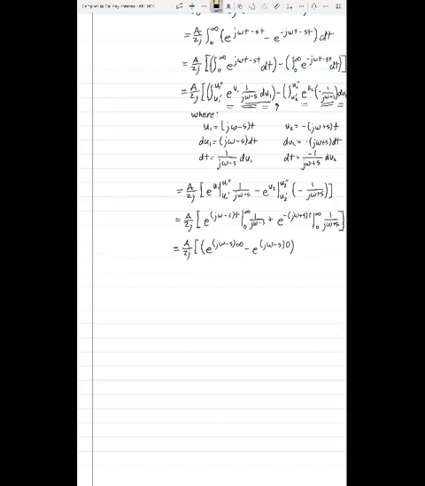I apologize. Let's clean that up. And then all of that, of course, multiplied by our constant 1 over j omega minus s. And then all of that added on to e to the negative j omega plus s times infinity minus e to the negative j omega plus s times 0. All of that times 1 over j omega plus s, and then close our square brackets.